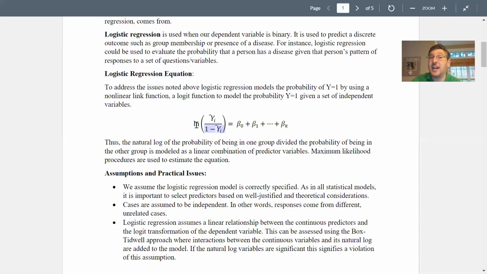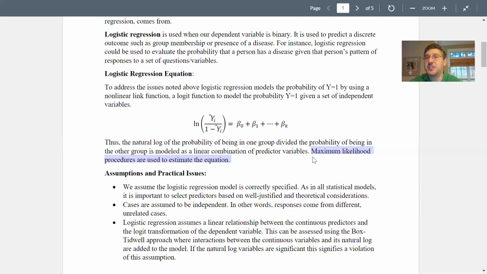So it's basically the natural log of the probability of being in one group divided by the probability of not being in that group, which is then a function of this linear combination of independent variables.